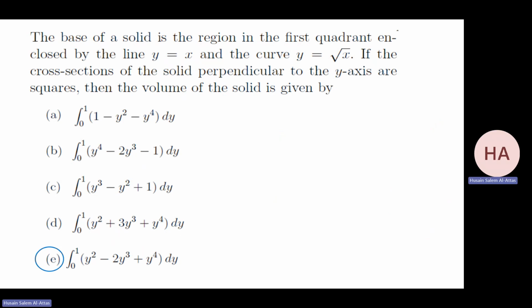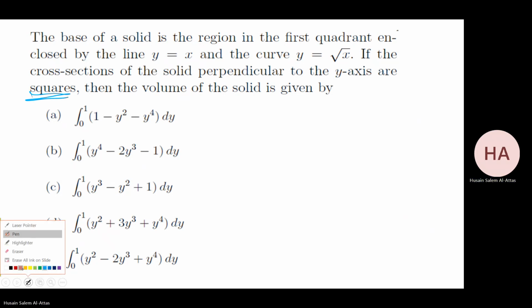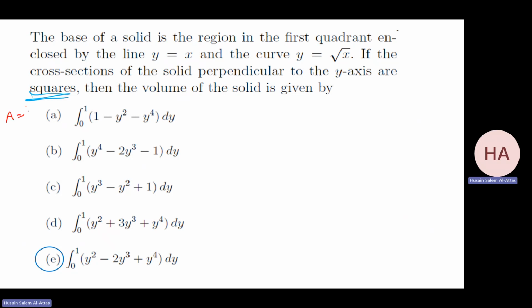The base of the solid, first quadrant, squares. Huh? I have squares. Okay. Let me find the base. I know the area will be the base squared. Now let me find the base. The base, he said what? Line y equals x, y equals square root of x.